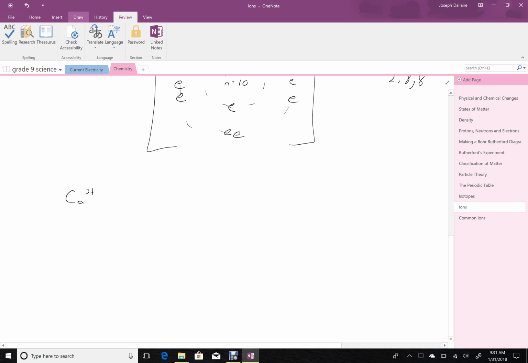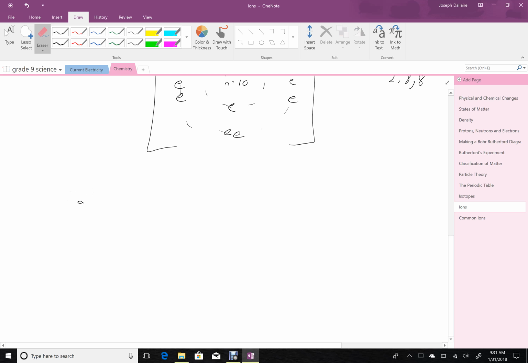Let's look at a positive ion. Let's say calcium 2+. Actually, let's not do calcium. Let's do magnesium just because it's a little smaller, it'll be a little easier. So let's make magnesium +2. So here I have my protons at 12.